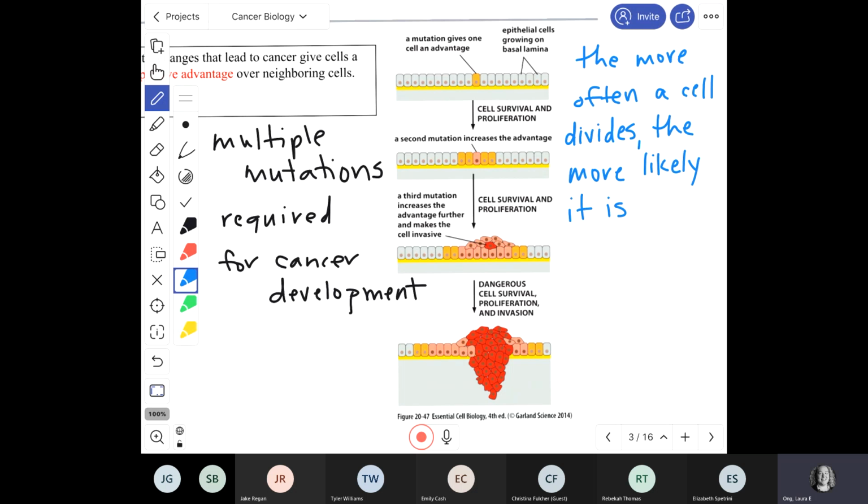The more often a cell divides, the more likely it is to get new mutations. That's because every time a cell divides, there is a chance for DNA copying errors.